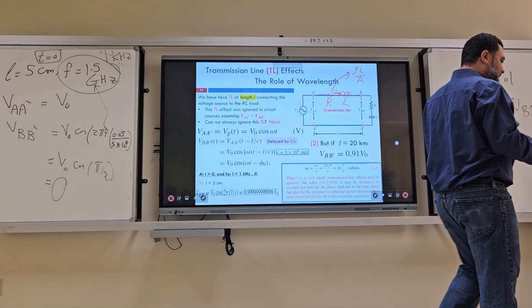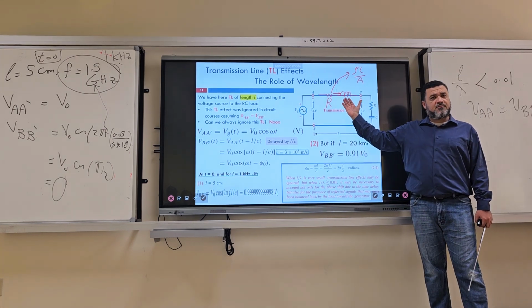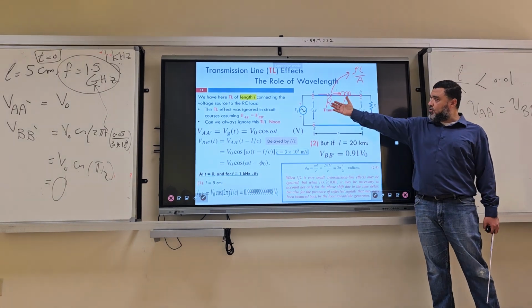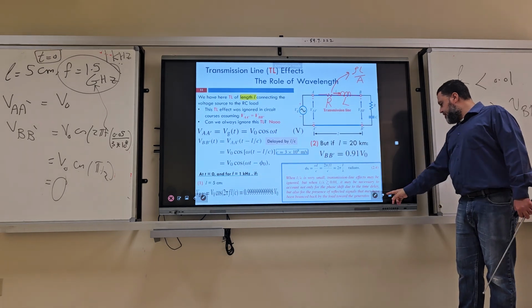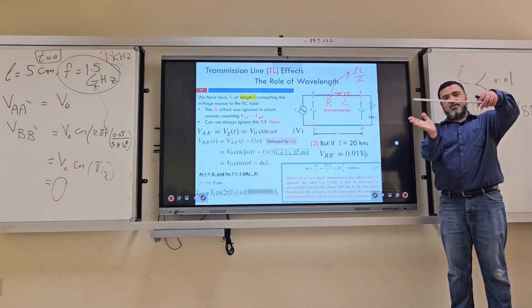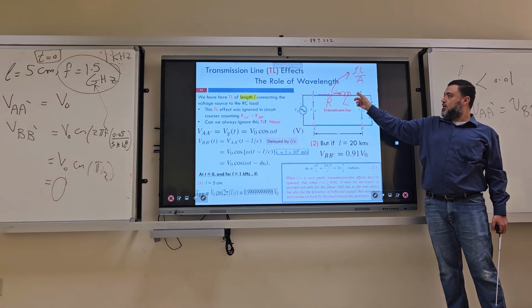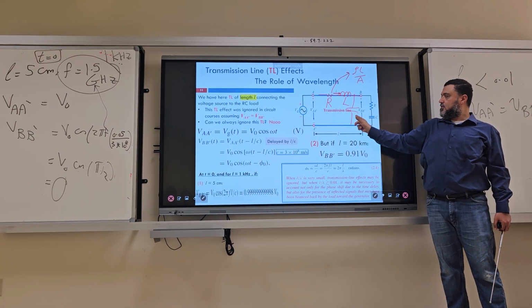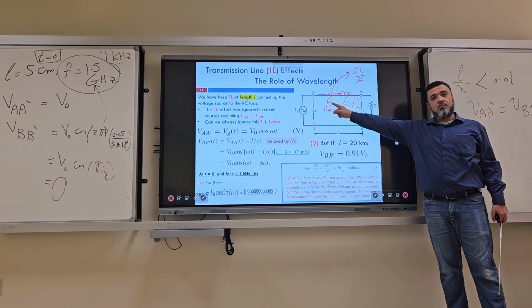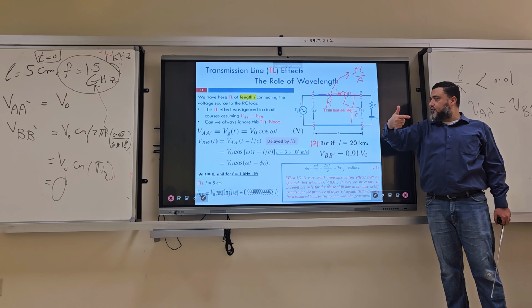Again, it's not physical inductance. This is an effective parameter. It has an effect. So it does have R, it does have L. What else does it have? Where is the capacitance? These two wires like this, right? So do we have capacitance here somewhere? Yes, we have capacitance here. So it has R that absorbs the heat, it has inductance that creates a magnetic field, and it has capacitance.